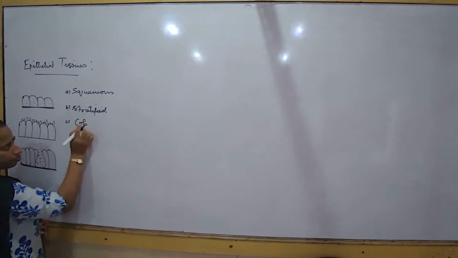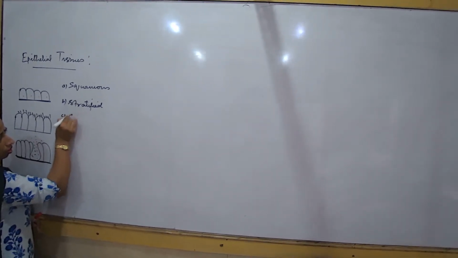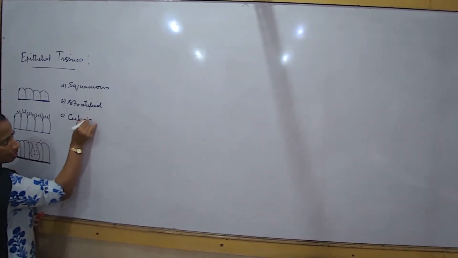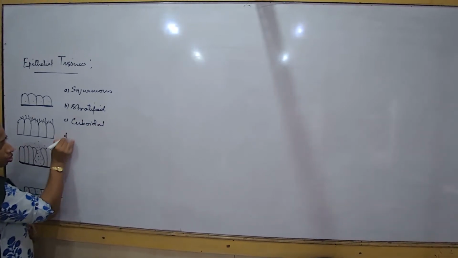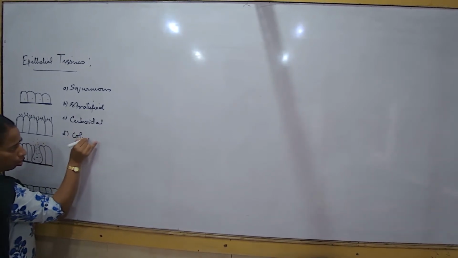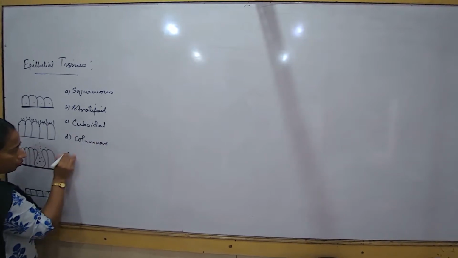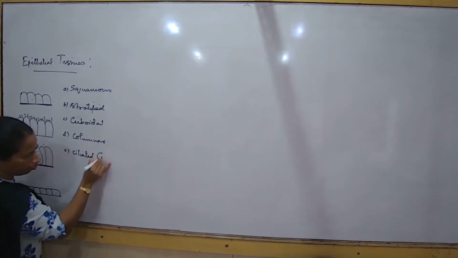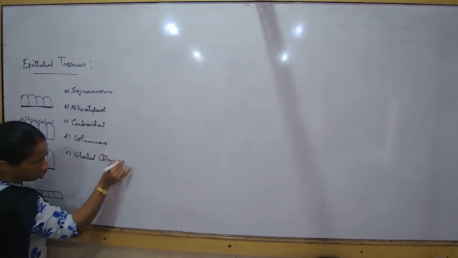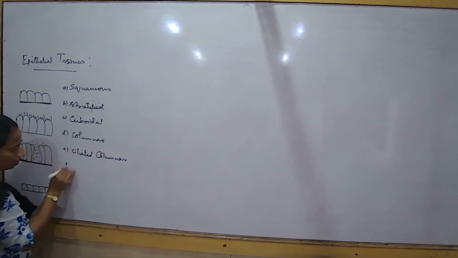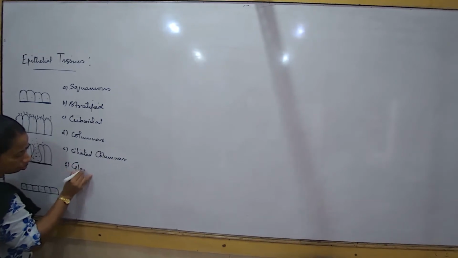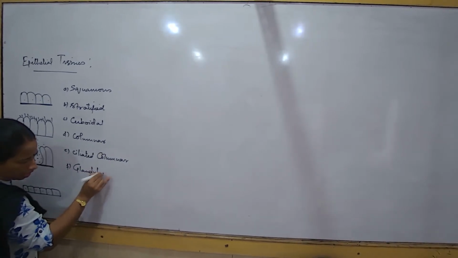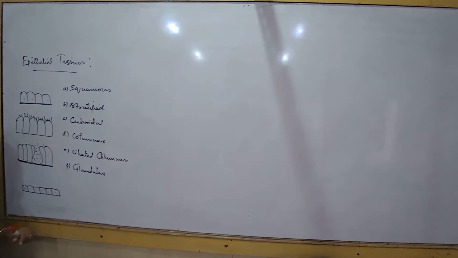Third is cuboidal epithelial tissues. Fourth is columnar. Fifth is ciliated columnar. And sixth is glandular. So these are the 6 types that we are going to talk about.